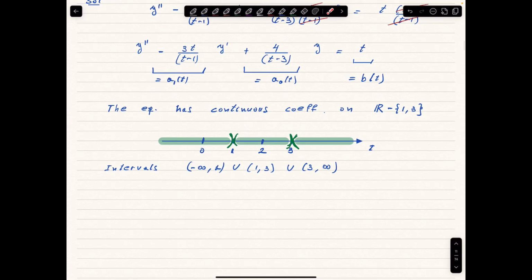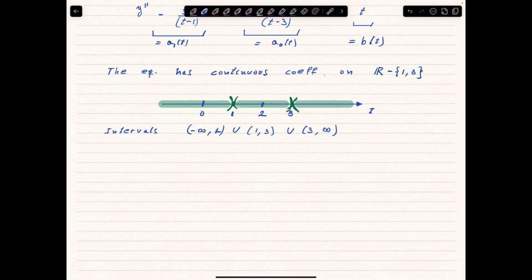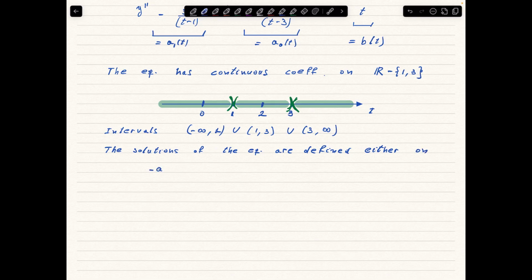So now, what we can say up to now is that the solutions of the equation are defined either on the interval negative infinity to 1, or the interval 1 to 3, or the interval 3 to infinity.